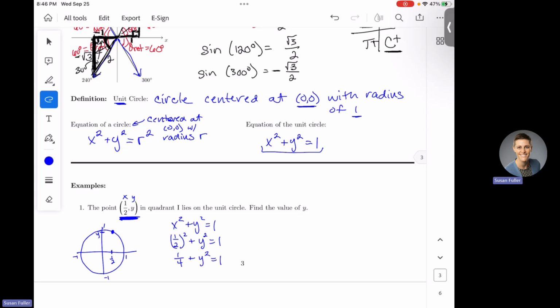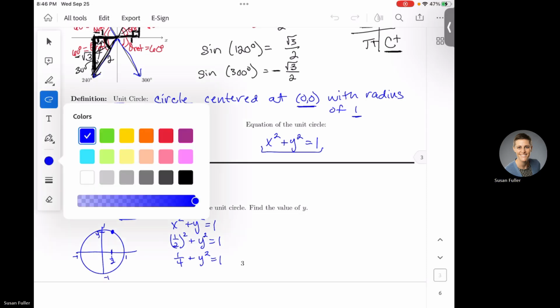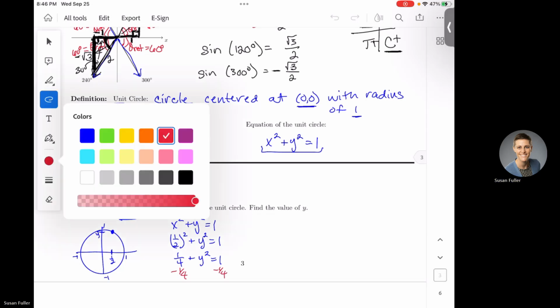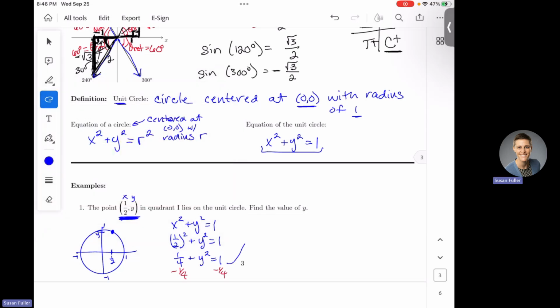Now to solve for y, what would we do from here? Yep, we would subtract that 1/4 from both sides. And then I'm going to move this up here. So I would get y squared equals 1 minus 1/4. That's going to be 3/4. You can get a common denominator there. 4/4 minus 1/4 is 3/4.